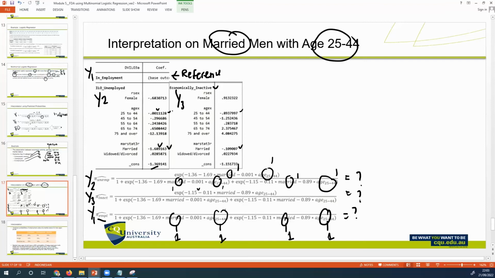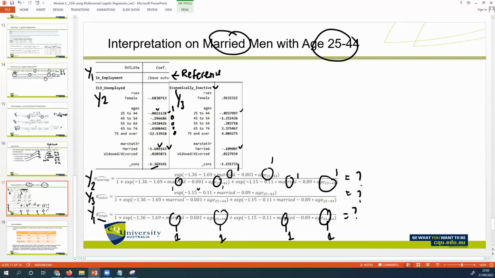You input all the data, but when it is a married man, it is 1. When it is 45, it is 0, 0, 0, 0. So for the age, when the age is 25 to 44, this is 1, meaning the others are 0, 0, 0, 0. So you put all the equation in here for the master model.